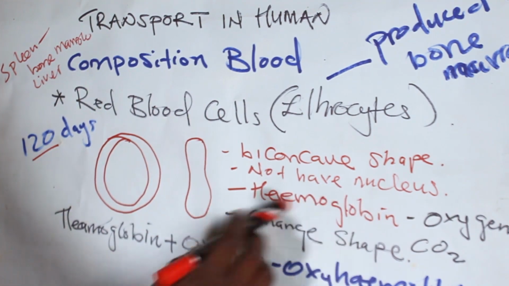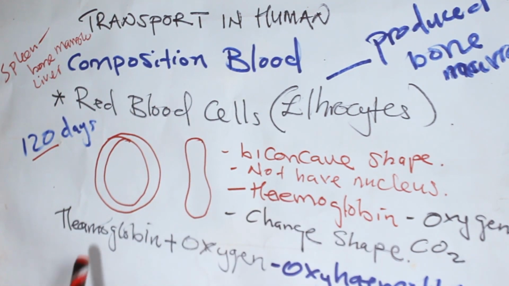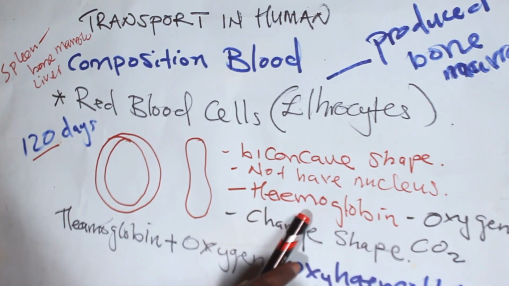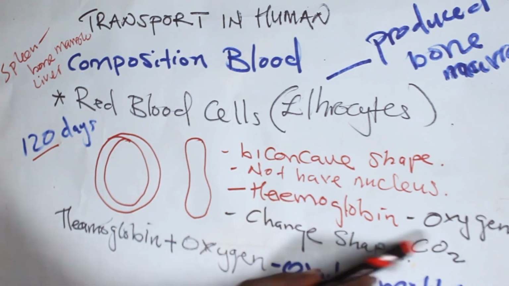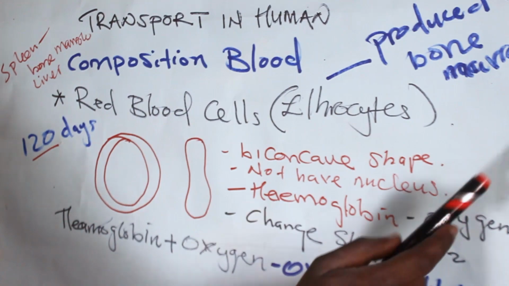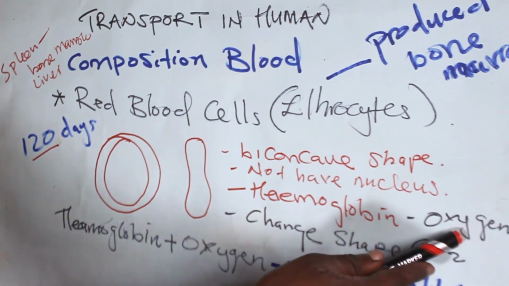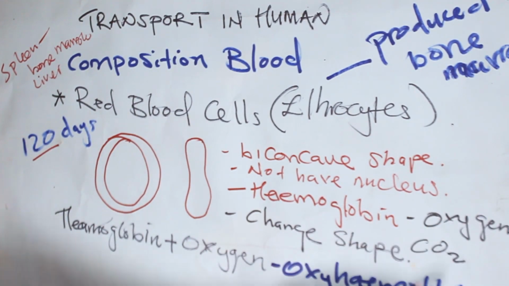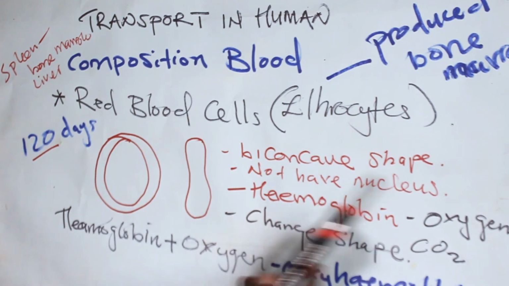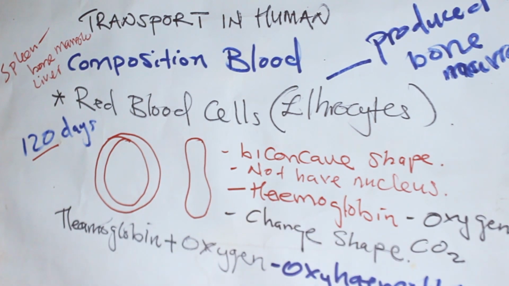This is why they say you should eat foods that contain much iron, because hemoglobin consists of the iron element that allows oxygen to bind to it. So the iron is taken back into the bone marrow for the production of another red blood cell.